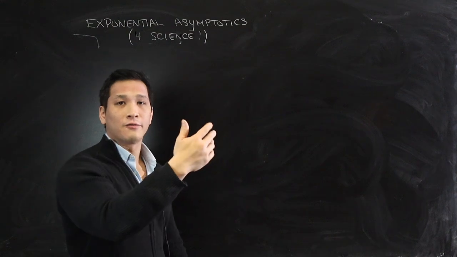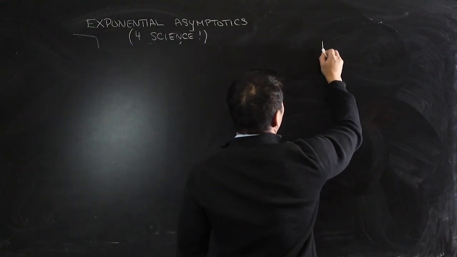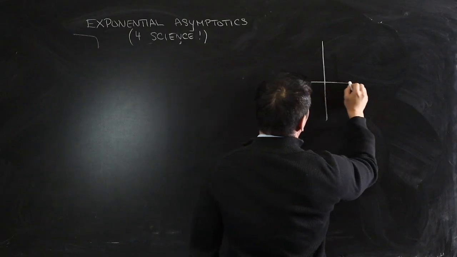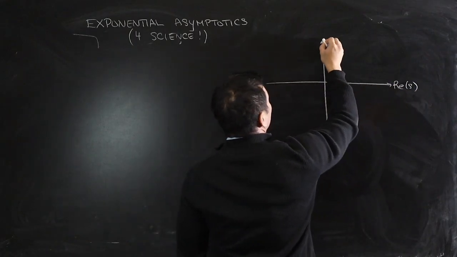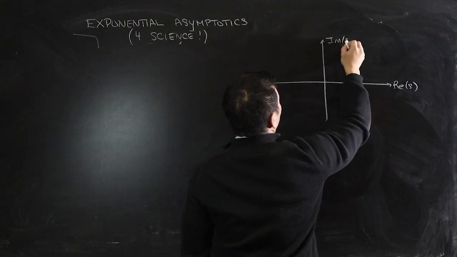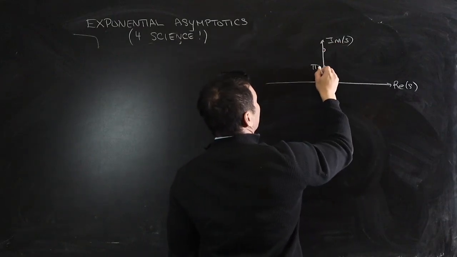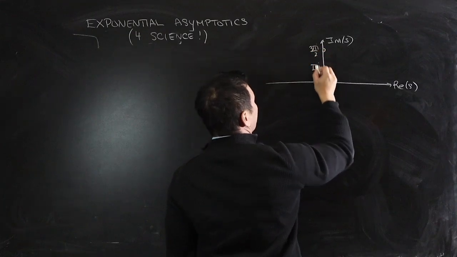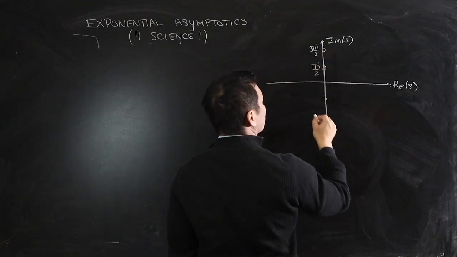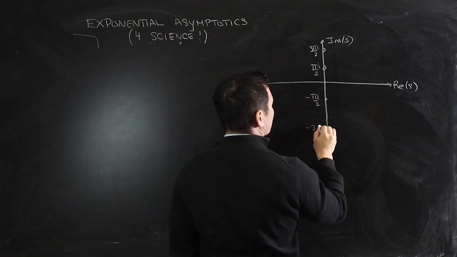Here we have an infinite set of singularities up the imaginary axis. So this is the real part of s. This is the imaginary part of s. And they're up the imaginary axis at pi i over 2, at 3 pi i over 2, and then down the imaginary axis at multiples in the same fashion.